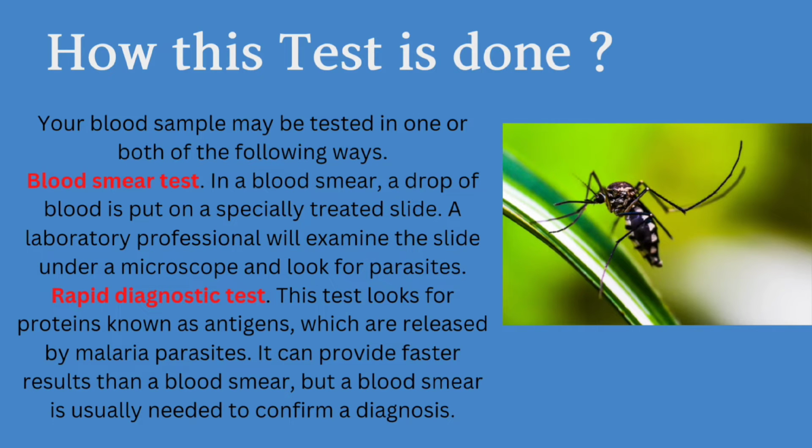Second, the rapid diagnostic test. This test looks for proteins known as antigens, which are released by malaria parasites. It can provide faster results than a blood smear, but a blood smear is usually needed to confirm a diagnosis.